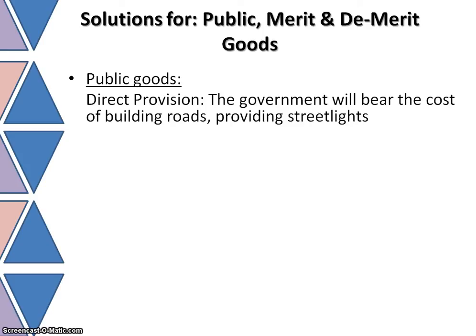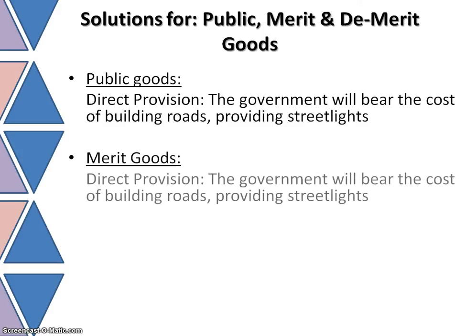Remember, a merit good is a good that is being provided by the private sector, but not enough is being provided. So, what can be done? Again, we can see that the government can step in and provide merit goods.